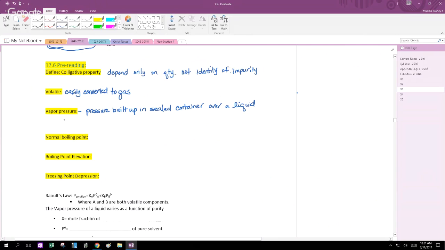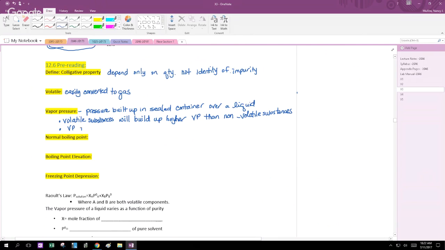Things that are volatile will build up higher vapor pressures than non-volatile substances. But vapor pressure is also temperature dependent.